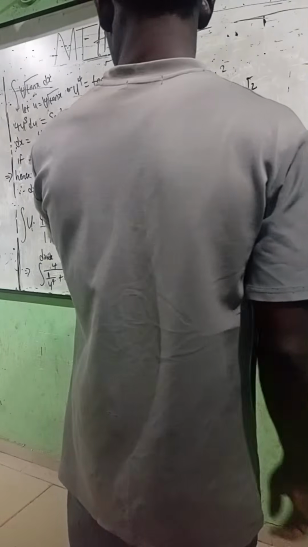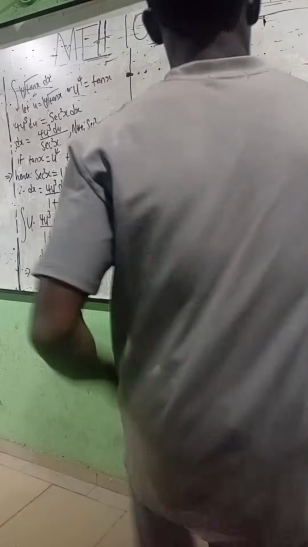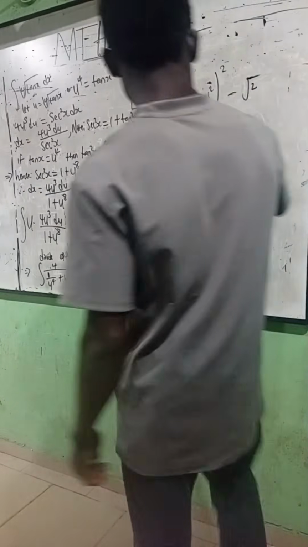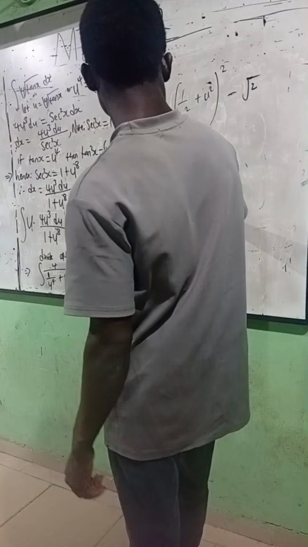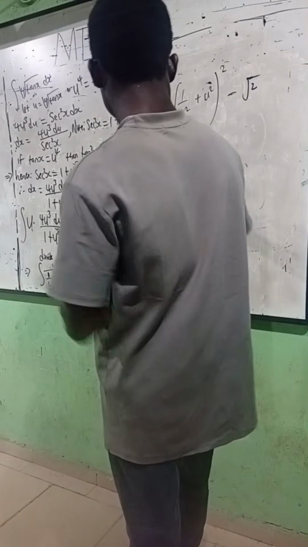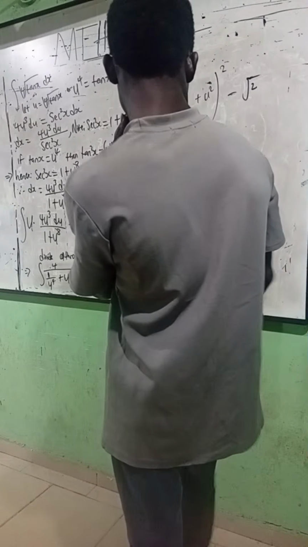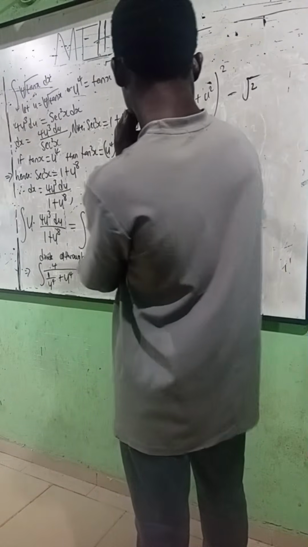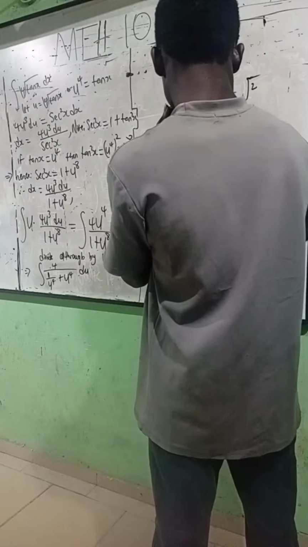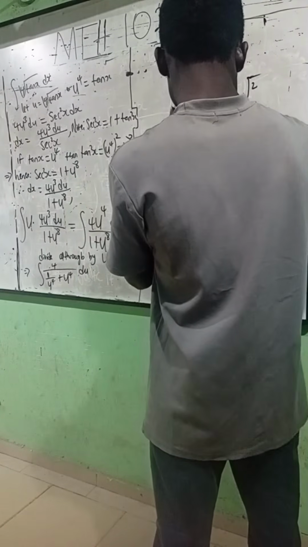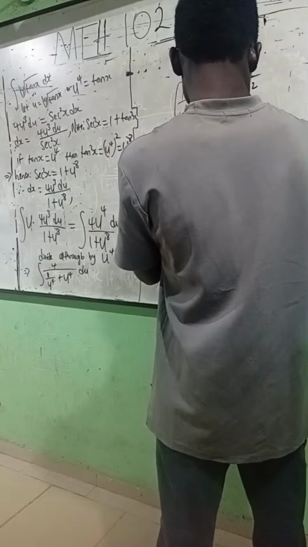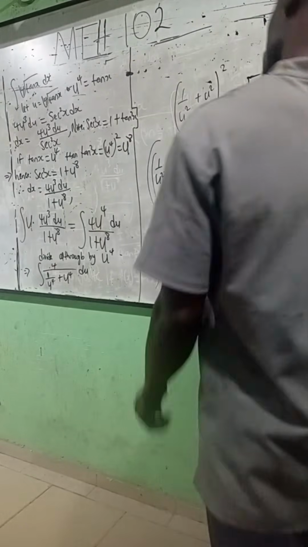Let's just remember this part, guys. So let's say this guy is 1 over u square plus u square minus 2. 1 over u square plus u square plus 2.